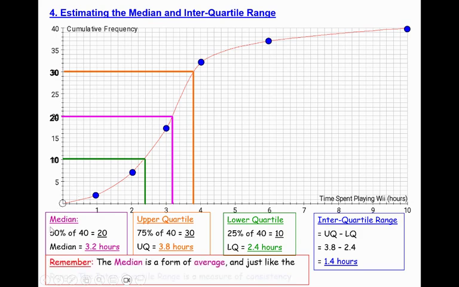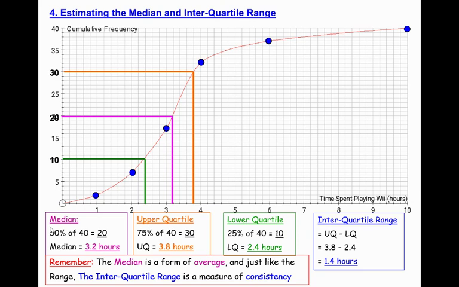So this is generally how we use a cumulative frequency curve or graph to find some key information of the data that's been given to us. And that also shows the importance of cumulative frequency graphs. Okay, but I just want to reiterate some things about the measures that we use here, like the median, the range, the interquartile range.